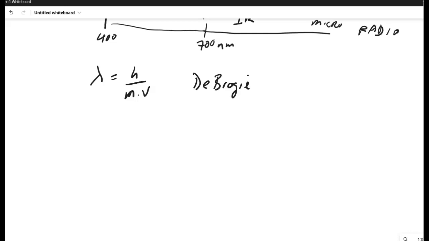But remember, particles that are very light and are moving at very high speeds do have reasonable wavelengths, for example, electrons moving at very high speeds, or protons moving at very high speeds. But if you're talking about something like a person running, it's not going to be very noticeable. Of course, the wavelength is infinitesimally small, pretty much. So let me show you about it.